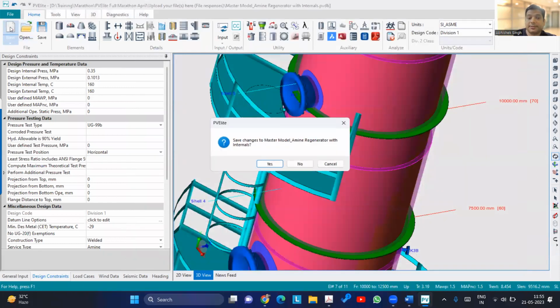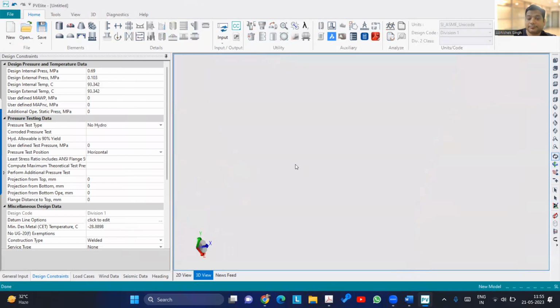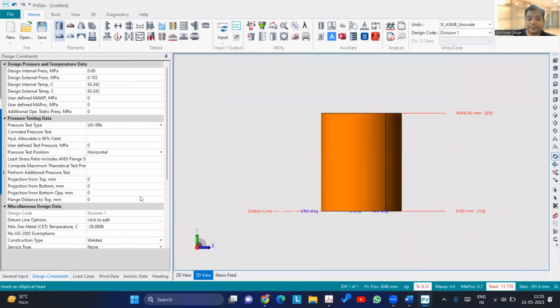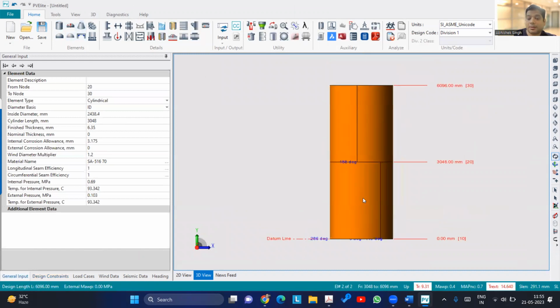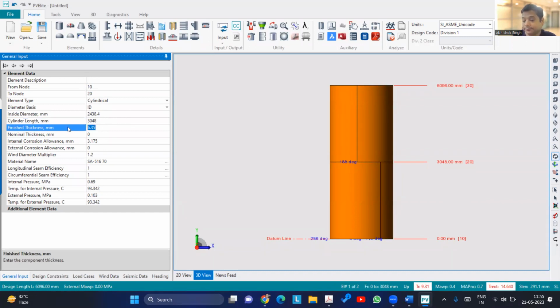Just make a simple vessel. Okay, let us take one more. I hope you can see the screen. Yes. So let us first make this external pressure go away.